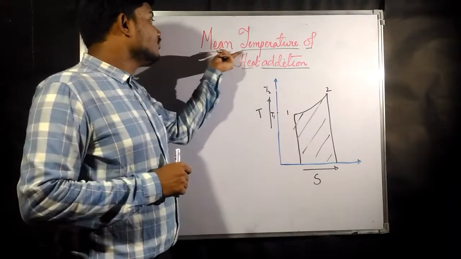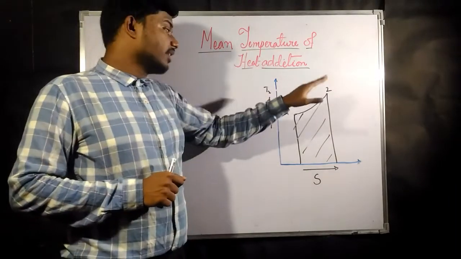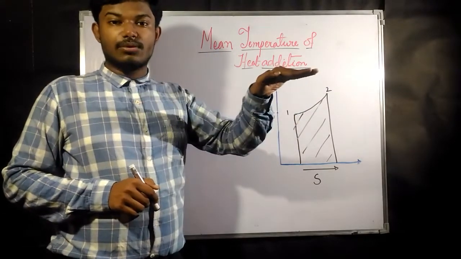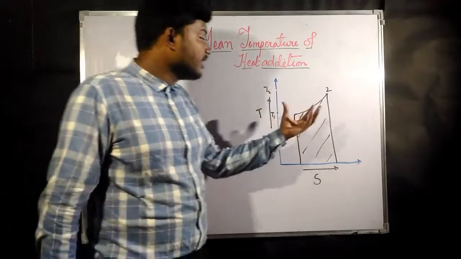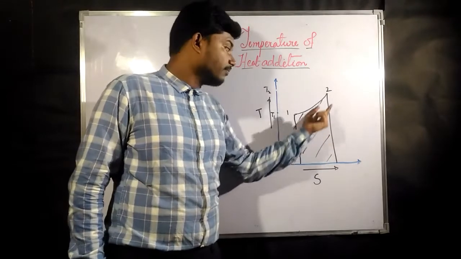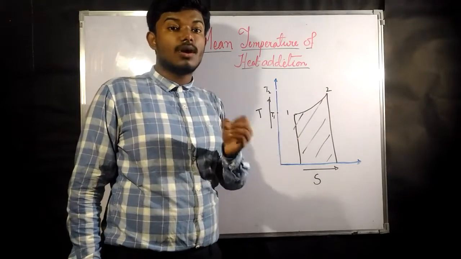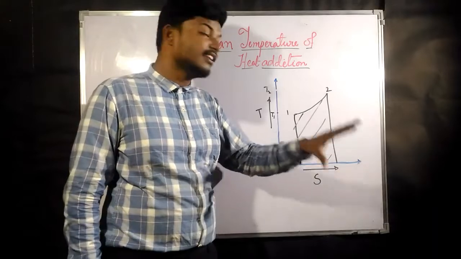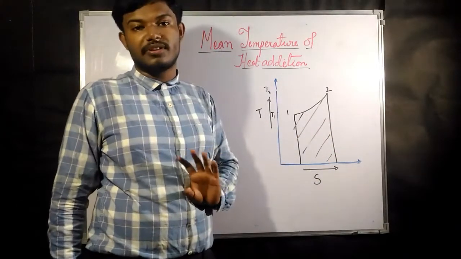Now we need to find a mean temperature. Mean temperature means a temperature in between these two temperatures that must have a constant value. That means, whatever heat you are going to give in this process 1 to 2, we want to find out what should be the constant temperature at which we must give heat such that that amount of heat is the same as this amount of heat.